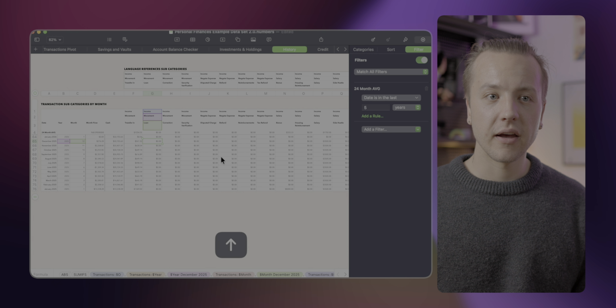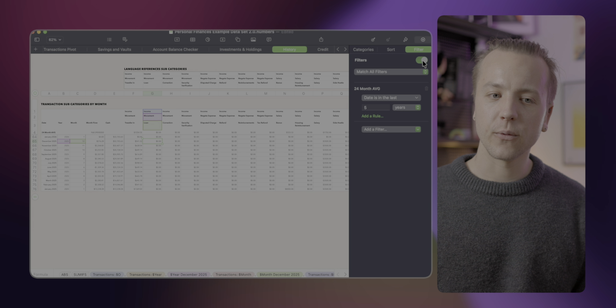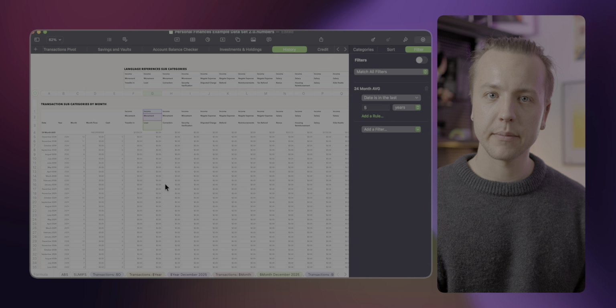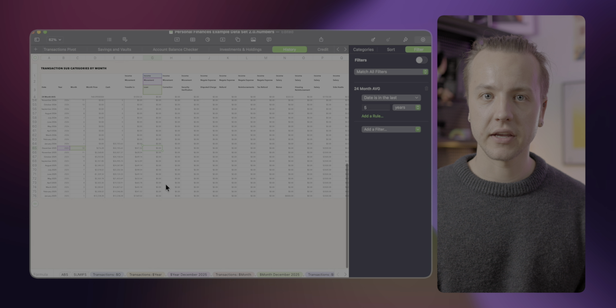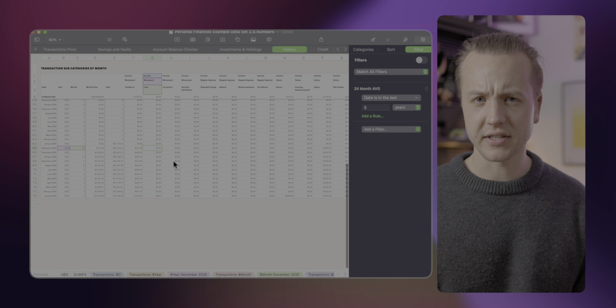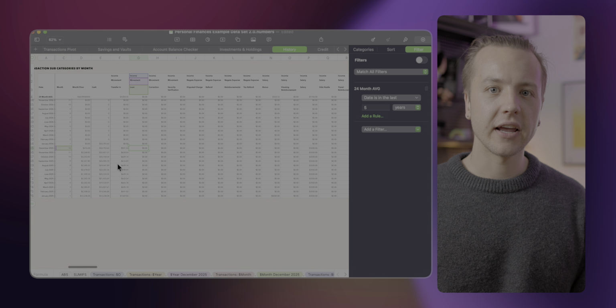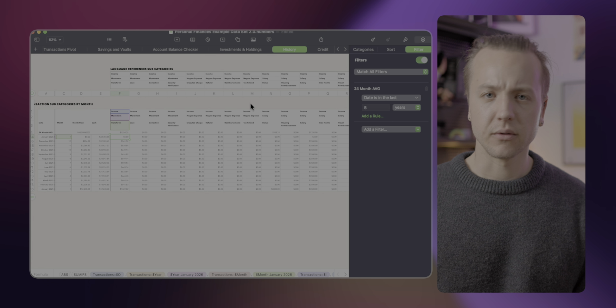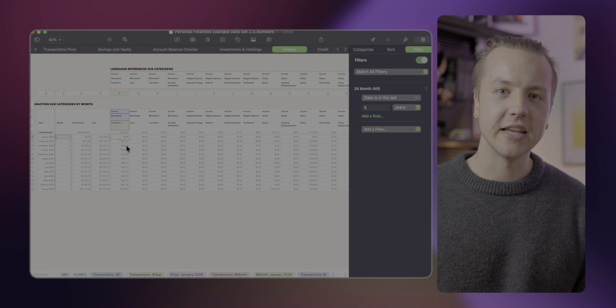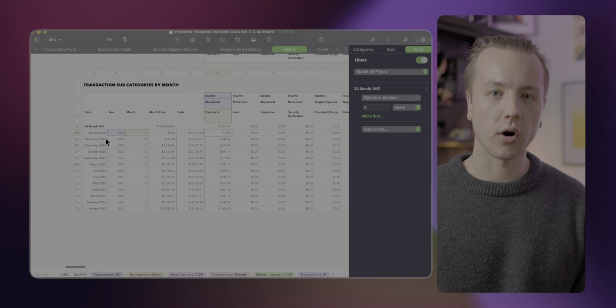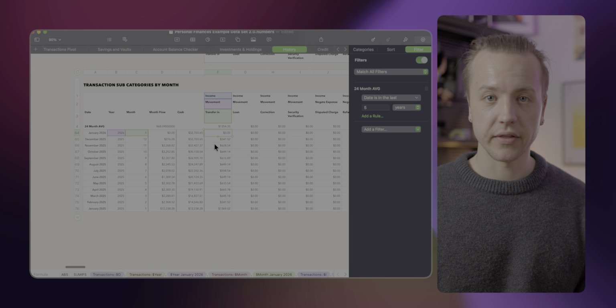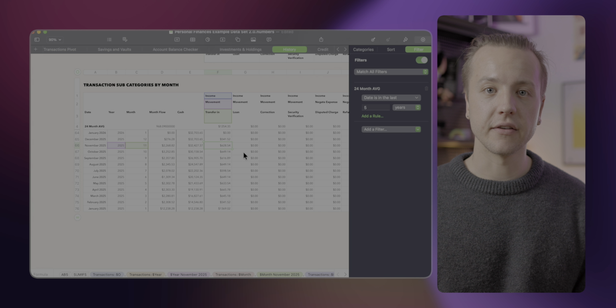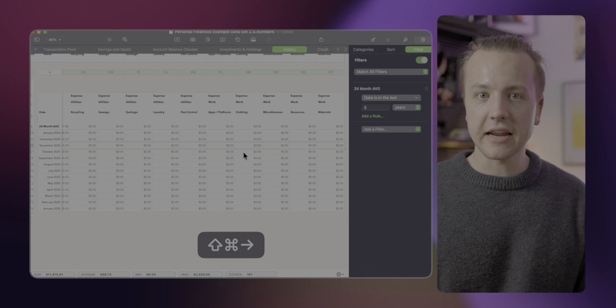But then if you think about it, if I reorder the transactions table or change the date on something by a day, so it's still in the same month, why would I need all of those values to recalculate, right? So what I started doing is copying the snapshot for the previous months when the month changes and then pasting the values, because that data is not going to change.